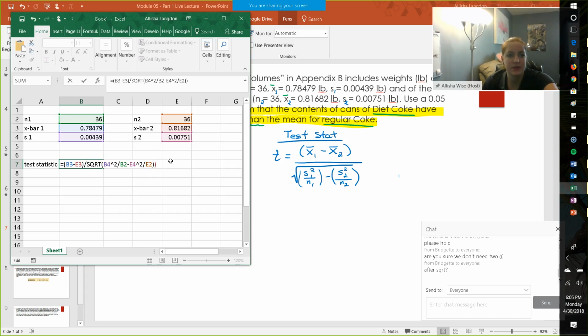You don't need parentheses there. What if I do throw parentheses? Did this last time, it worked just fine. Let's see if that works.